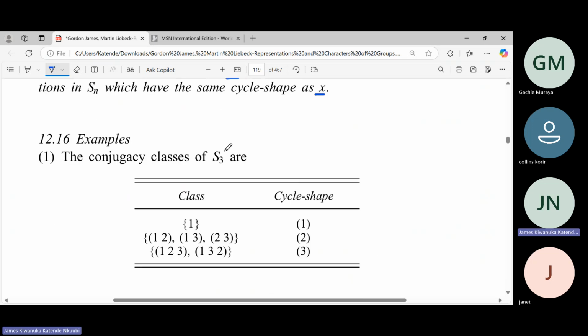So let's check that with S3. When you're working with S3, you have the class that contains only the identity. Then there are 3 cycles of length 2. If you are thinking of D6, S3 is the same as D6, but in general that is not true; for n equal to 3, it is.